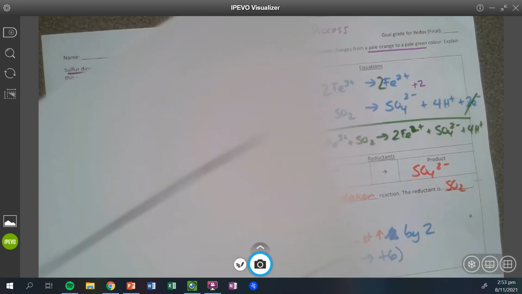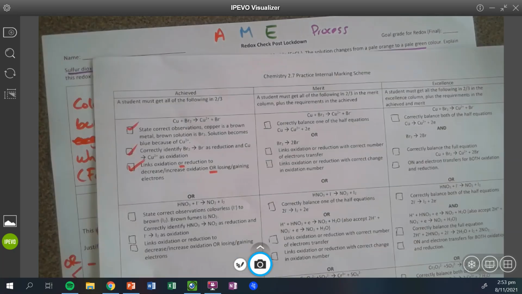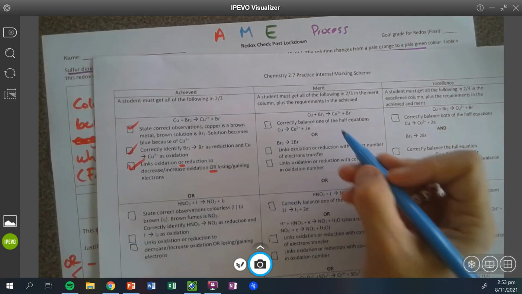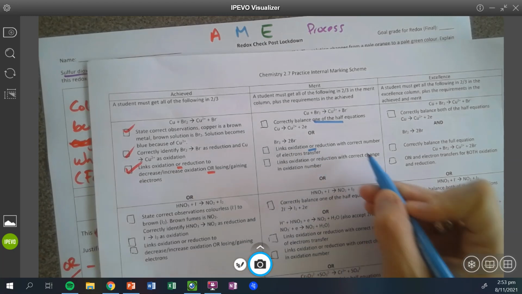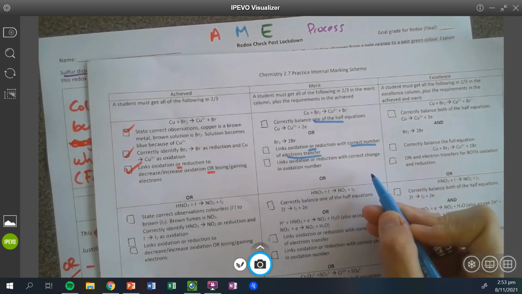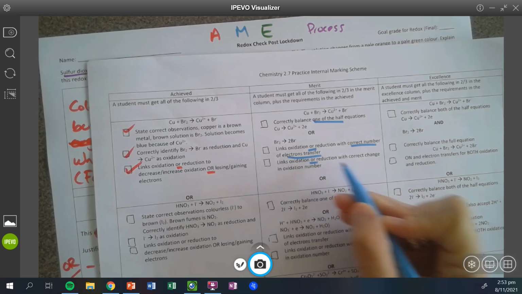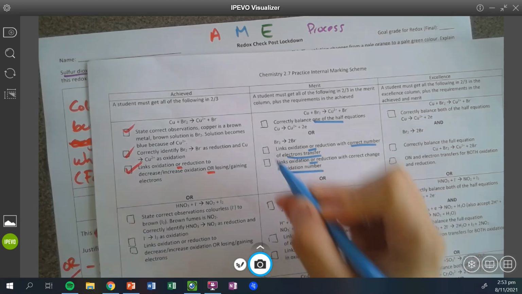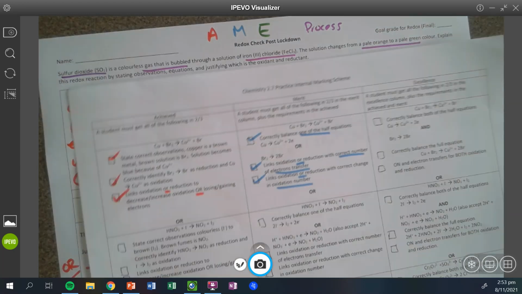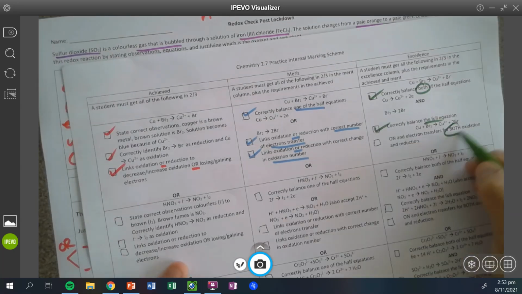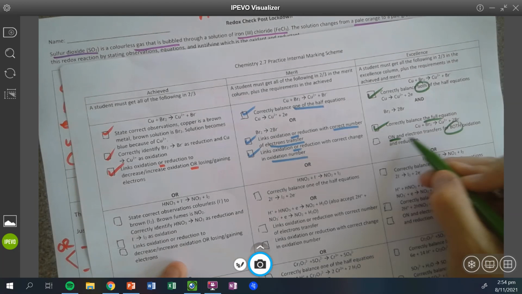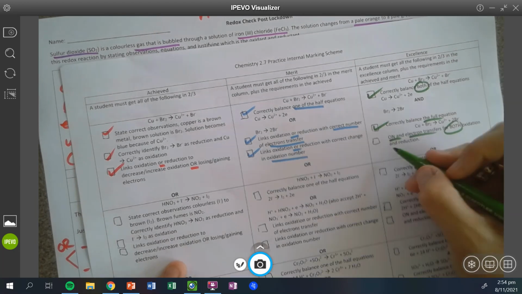If we're looking at this marking schedule here, one of the half equations links oxidation or reduction to the electron number, transfer with the number, links oxidation or reduction to the oxidation number, so that's all good. For the excellence, both half equations, full equation, and then both oxidation and reduction with the electron and the oxidation numbers.